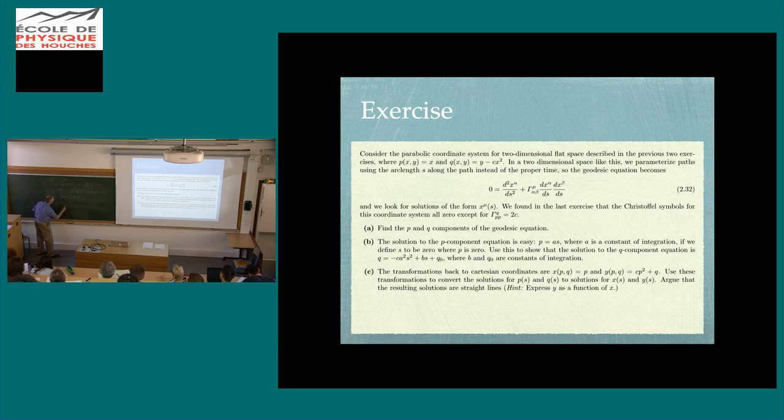So Q is equal to minus CA squared S squared, plus some other constant, let's call it B times S, plus some other constant, let's call it Q0, because it'll be the value of Q when S is 0. Okay?